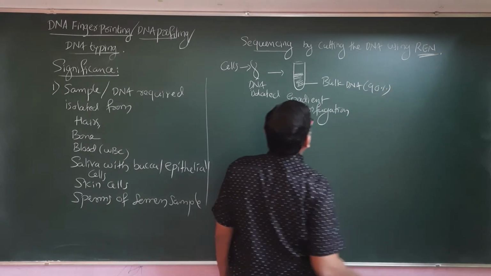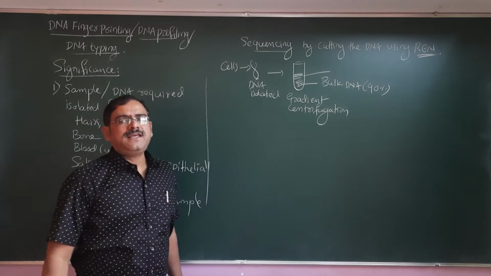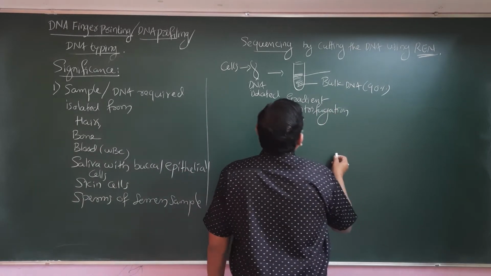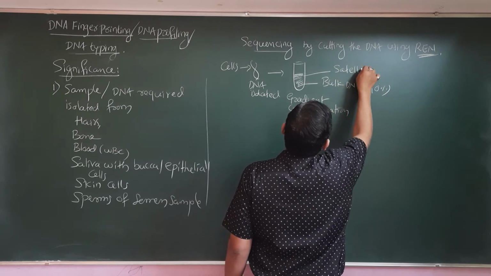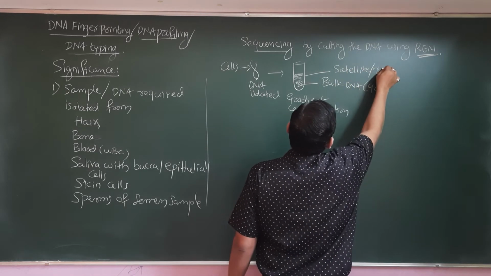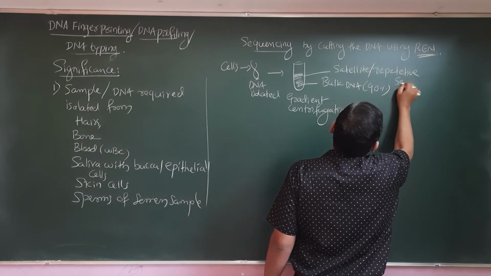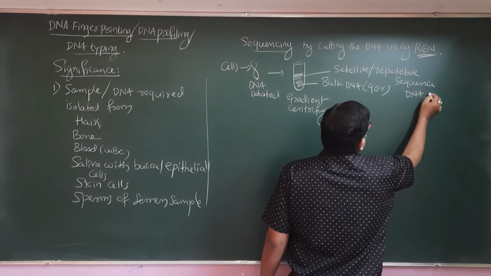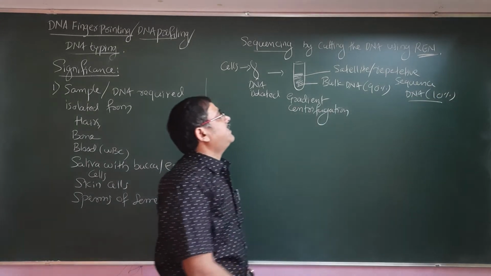It is 90%, but the other 10% is satellite DNA, or repetitive sequence DNA, which forms 10%. This is the matter of interest for us.